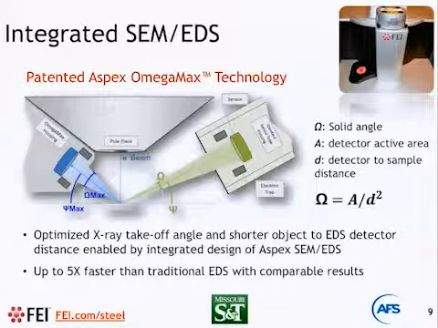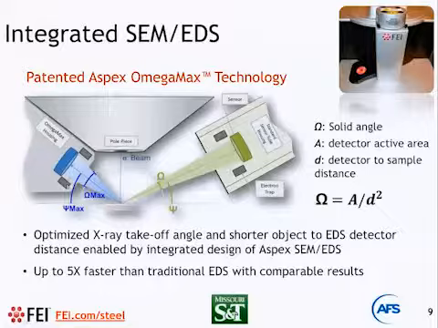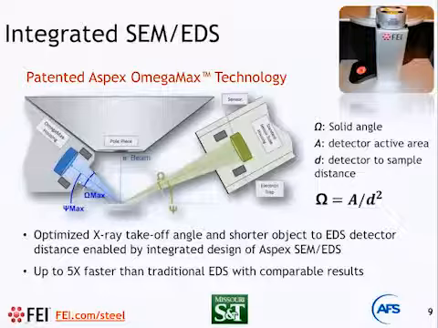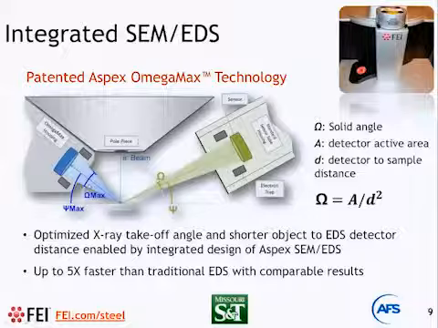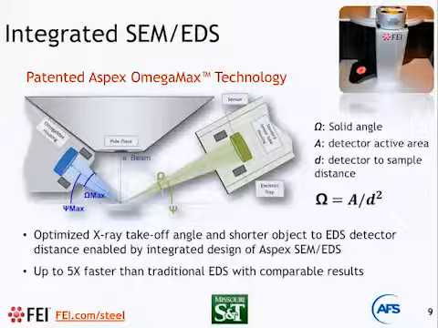On the left side is a unique design offered by the FEI company, called the ASPEX Omega Max EDS detector technology. The way it works is that it has a much closer distance to the sample. This omega angle is the solid angle, so you can maximize the collection of X-ray signals. That allows the whole SEM-EDS system to measure the inclusion information at a very fast speed.